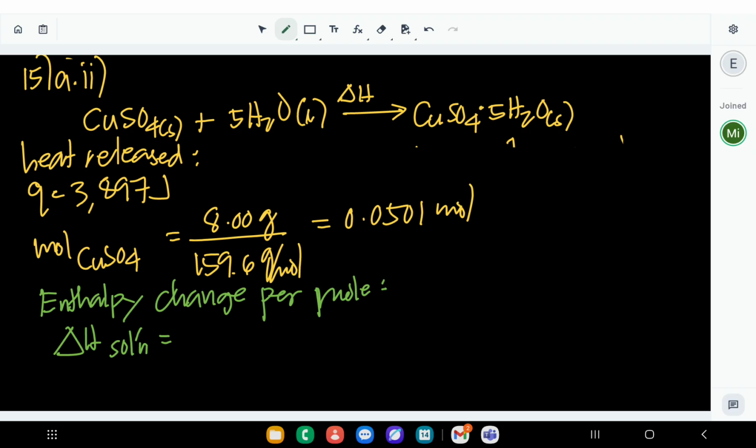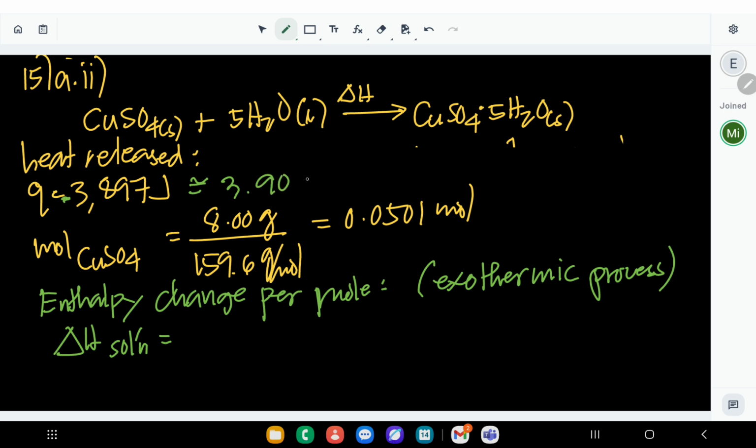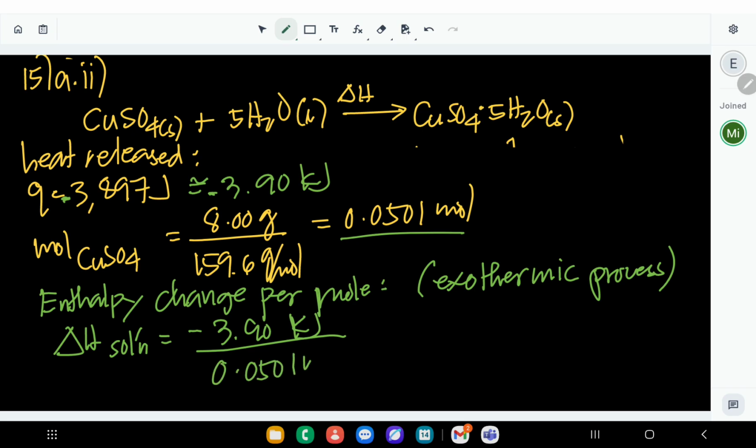Because the temperature change is positive, so that means the solution warmed up. So this is an exothermic process, so this one is negative. So we need to convert this to kilojoules. So this is just negative 3.90 kilojoules divided by the number of moles, which is 0.0501.